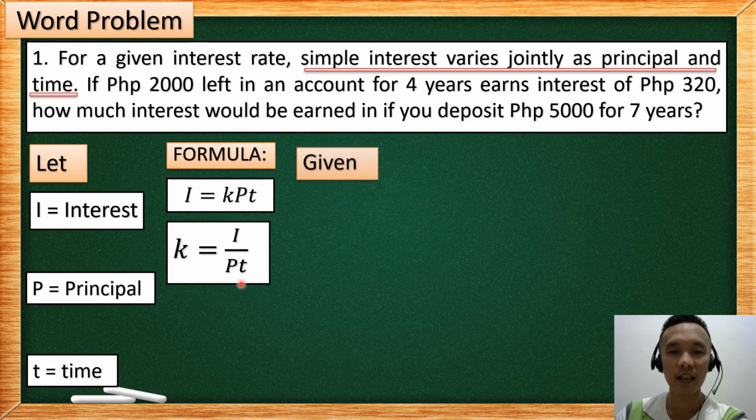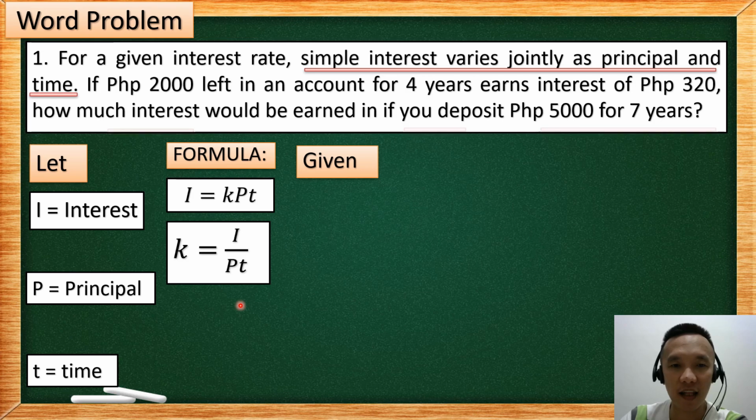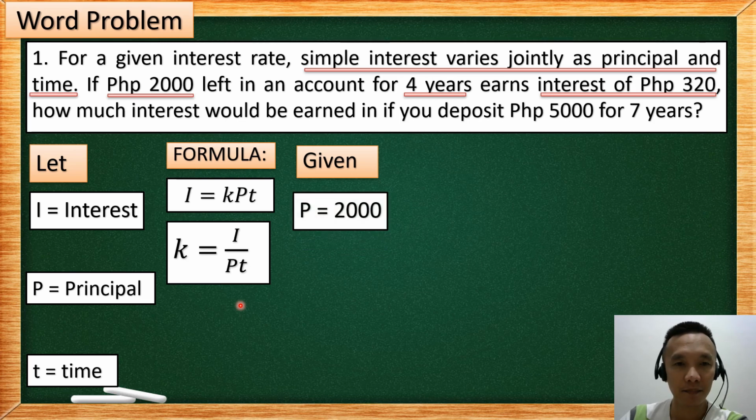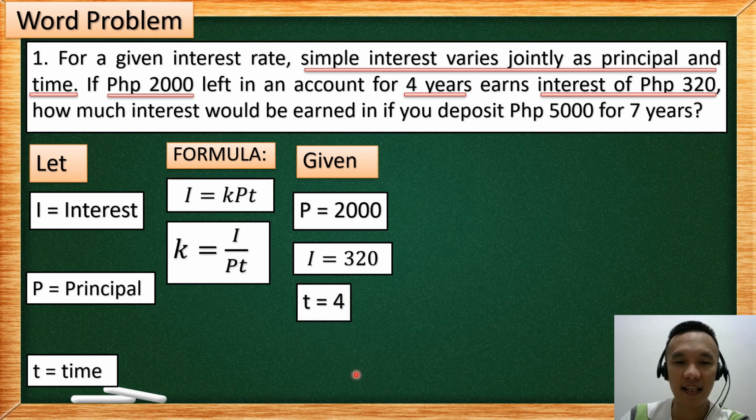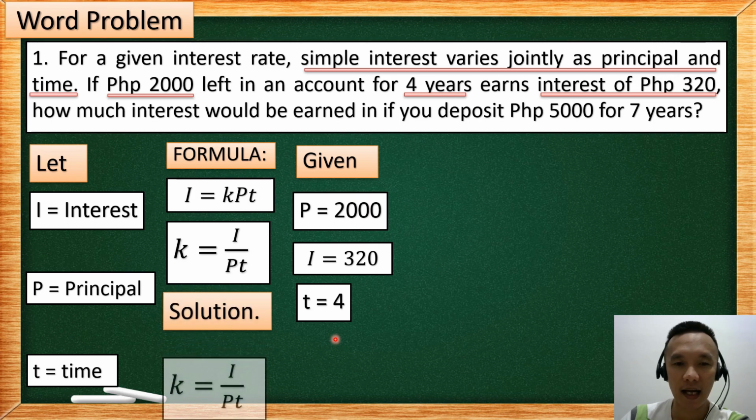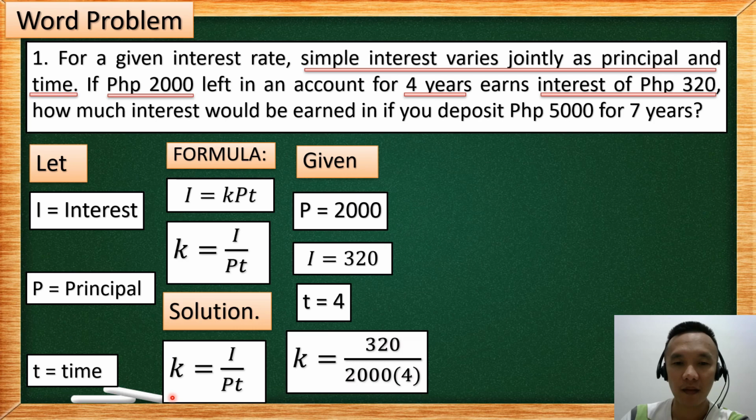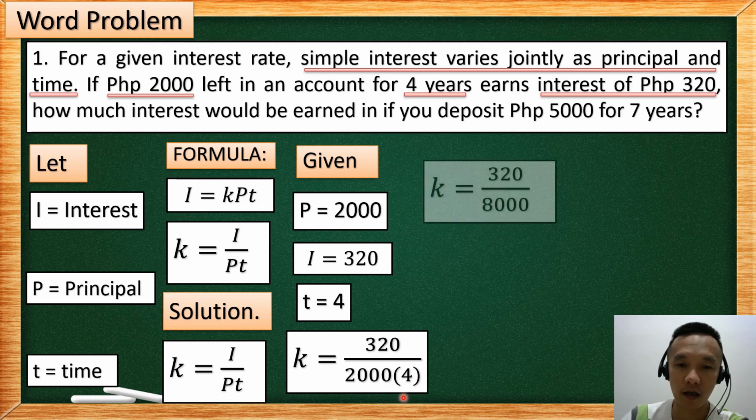The next one is we are going to write our given. So take note, these are our given. So we have 2,000 pesos, that is our principal amount. I will be our interest, and T will be 4 years. So substituting that in our K formula, we'll have 320 divided by 2,000 times 4.